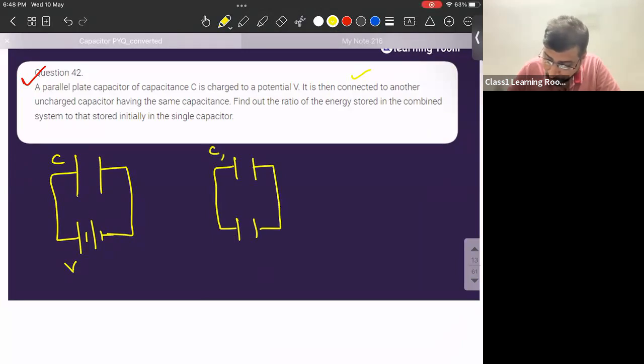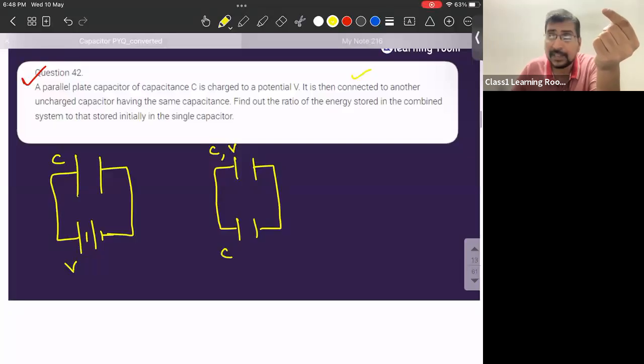So if the capacitance of this is C, it has already been charged to potential difference V, whereas the other capacitor is of capacitance C, but it is not charged at all.